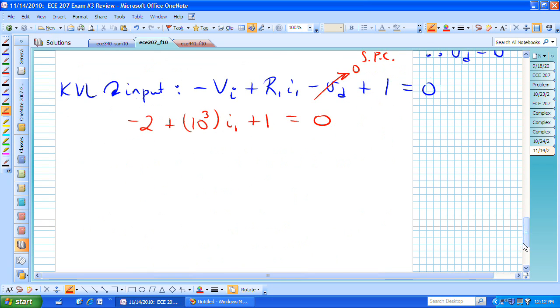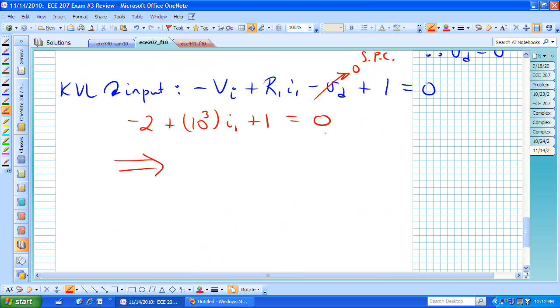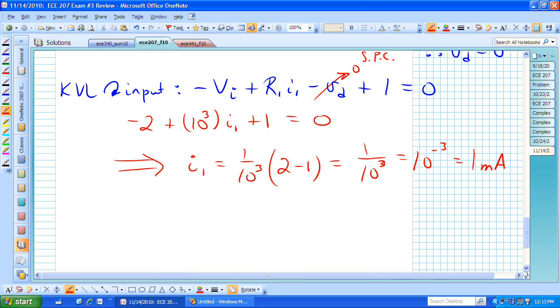The only unknown in that equation is I sub 1. We can divide through by that 1,000, and taking those constants to the other side we have 2 minus 1, which is 1 over 10 to the 3, or 10 to the minus 3. That is 1 milliamp for the current I sub 1.